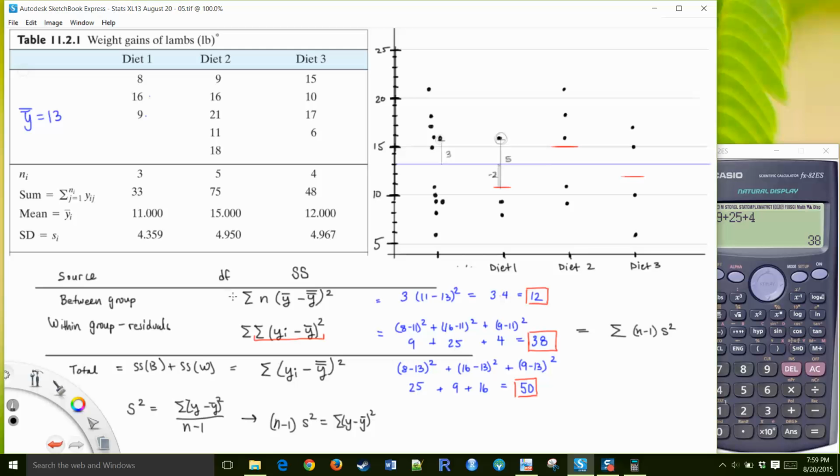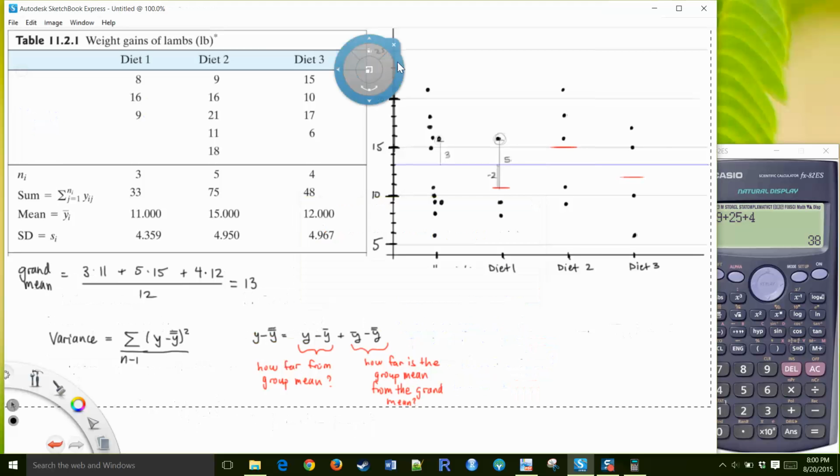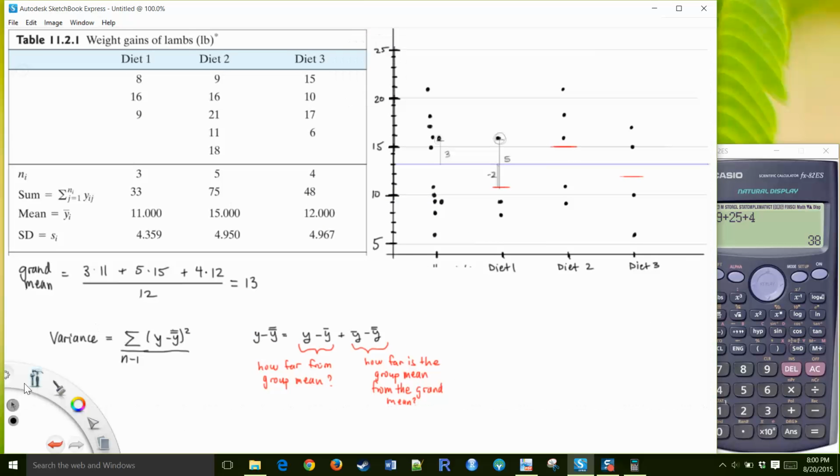So I had source, and you don't have to rewrite your table here, between, within, or you can if you want. So the degrees of freedom: the total degrees of freedom is going to be all the data points, n dot minus 1. And the degrees of freedom also have the same property where degrees of freedom between plus degrees of freedom within will add up.